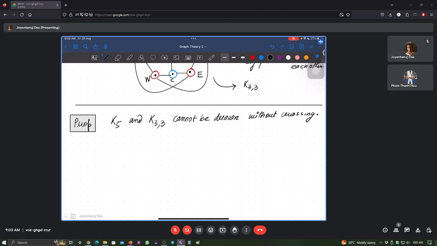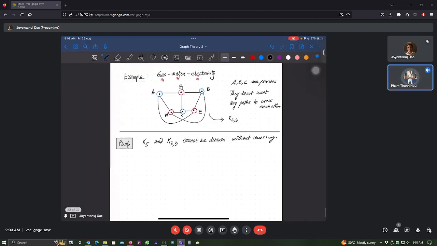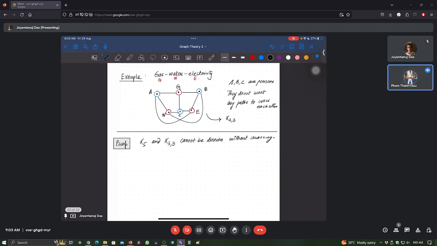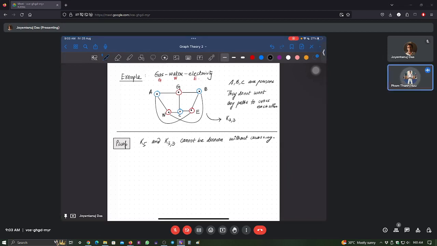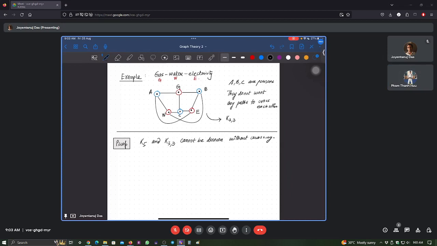But in this statement, we just conclude about K5 and only these two graphs. We'll see in general how to conclude. We cannot conclude about K4 being crossing or not; for K4 we cannot tell anything till now.